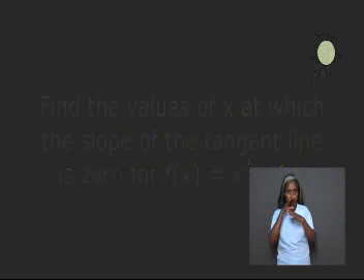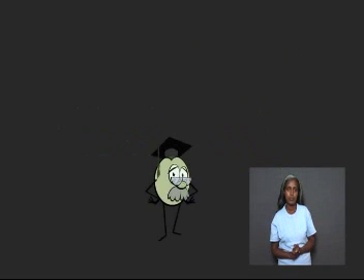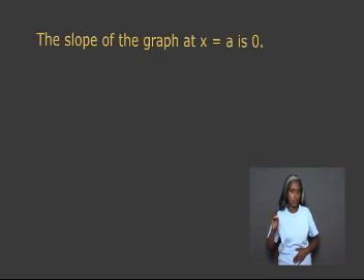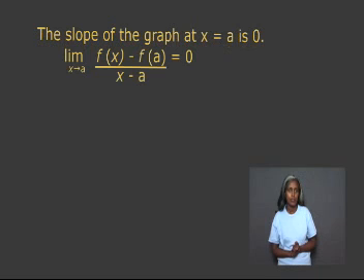Time's up. Let's get back to our lesson. Hello, students. I wonder if you managed to solve this problem. Let us say that the slope of the graph at x equals a is 0. We must first apply the definition of a derivative.